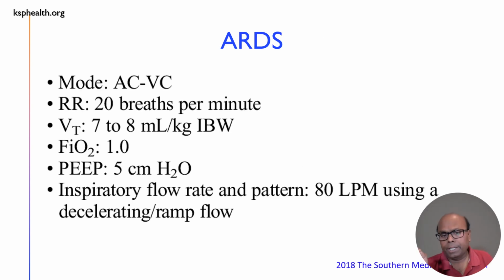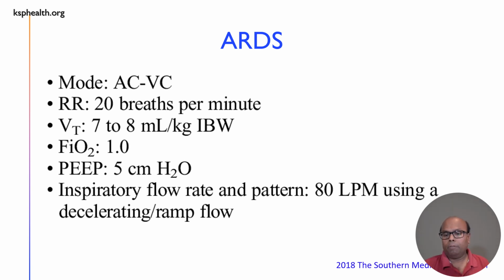In patients with ARDS, again, assist control and volume control, with 20 breaths per minute. We tend to give a higher respiratory rate in order to decrease ventilator-induced lung injury by reducing the tidal volume exposure. In children, again, the respiratory rate is age-dependent. For FiO2, I would start with 100% and wean down as quickly as possible.